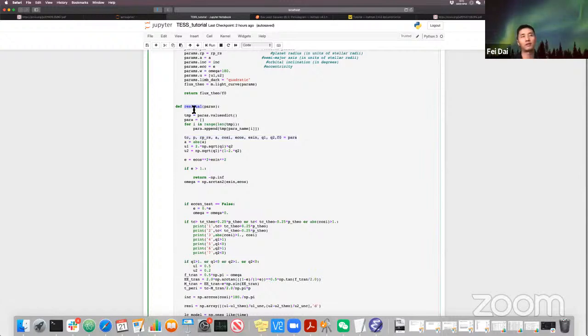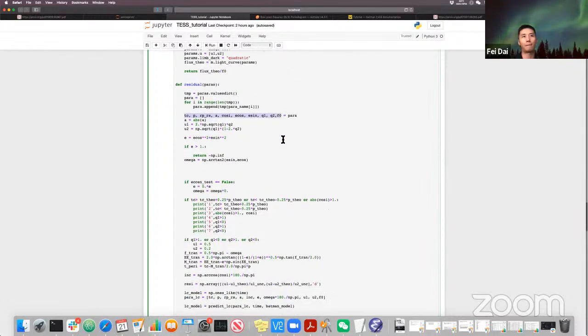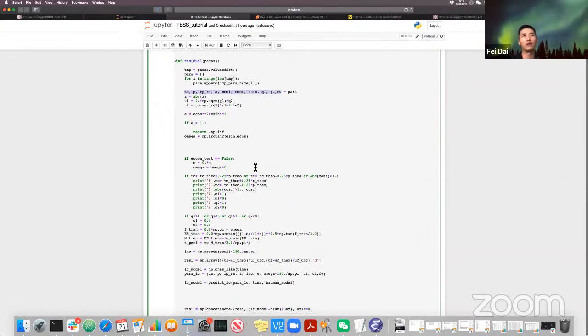And you minimize the difference between the observation and the model. By minimizing that difference, by doing gradient descent, you can land on the best fit parameter set. So I won't go through the details here.